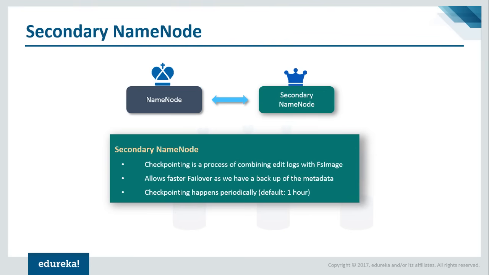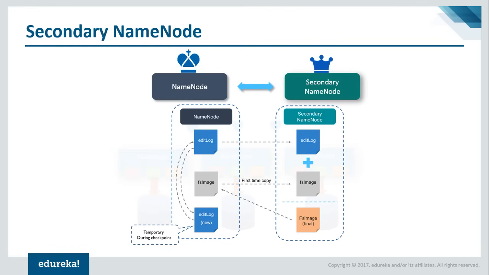Okay, so let us see how exactly it happens, what the secondary name node exactly does. FS image is a file that contains the complete state of the file system since the starting of the name node. So if you set up the name node years ago, the FS image will contain the metadata about all the transactions that happened ever since.